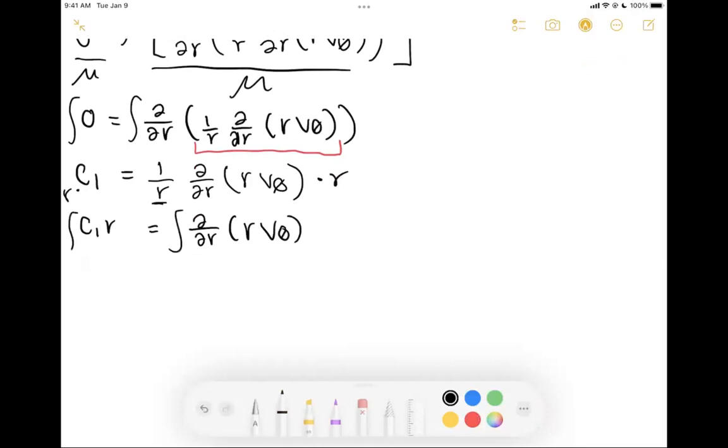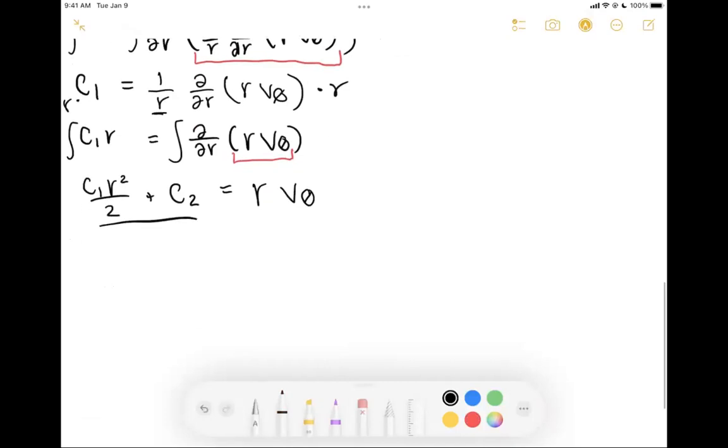When you take the integral again, you end up with C1r squared over 2 plus another constant. That is equal to the inside here again, which is r v theta.